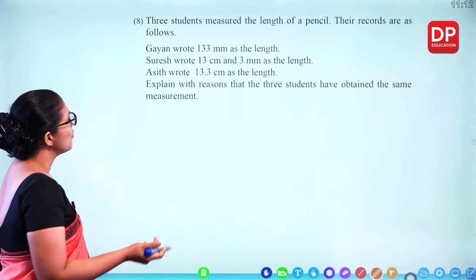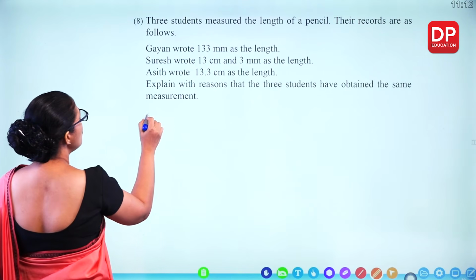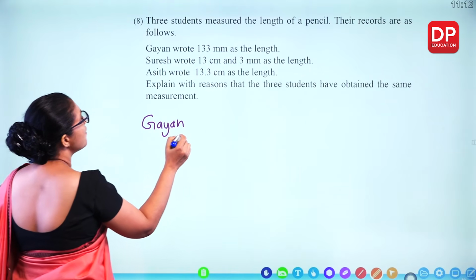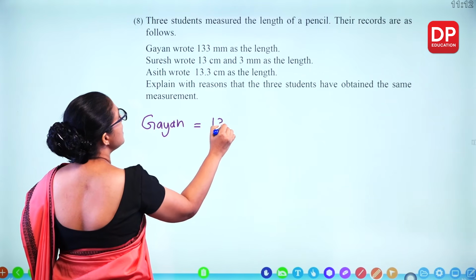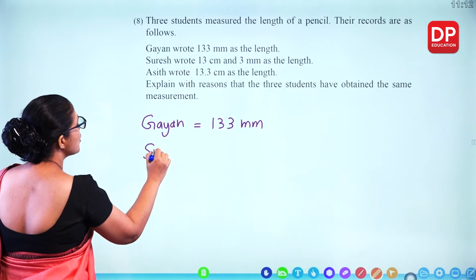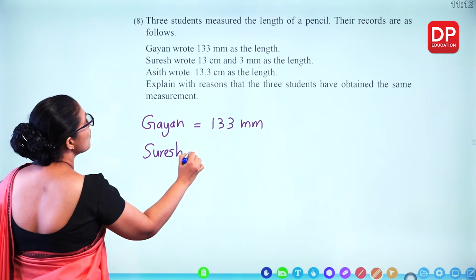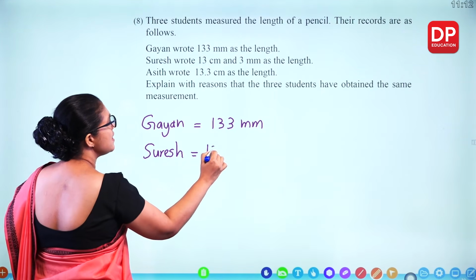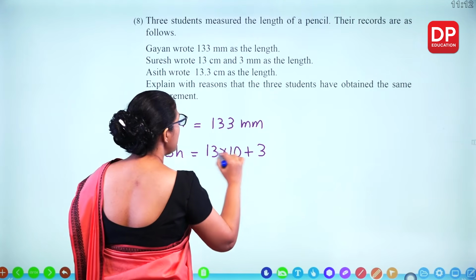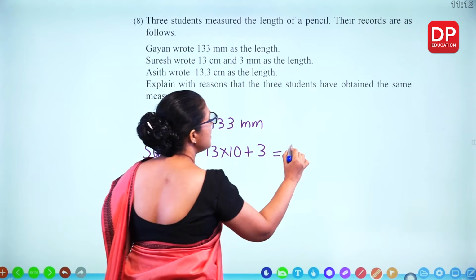Units are different, so we'll convert everything to 1 unit. Gayan, 133 millimeters, we'll keep in millimeters. Then Suresh, 13 centimeters means 13 multiplied by 10 and then add 3, 133 millimeters.